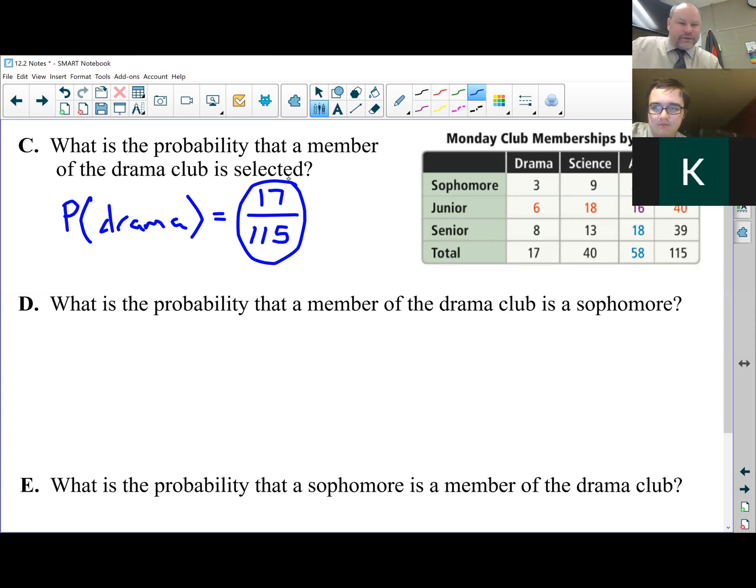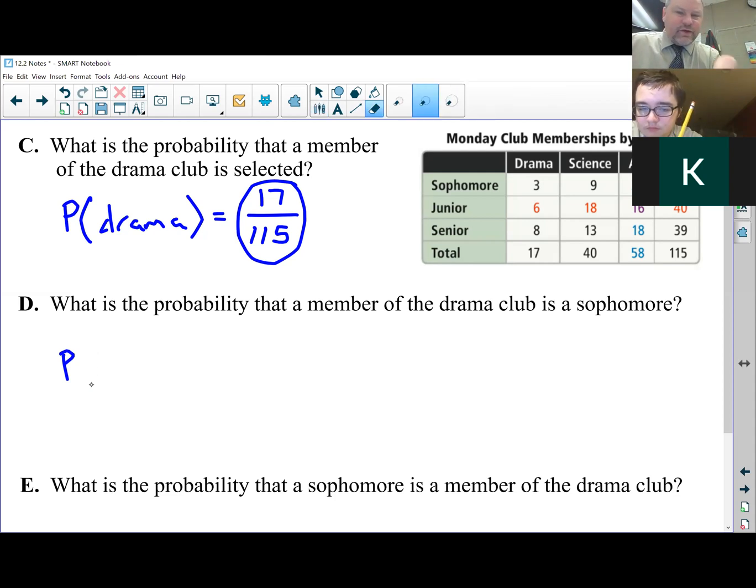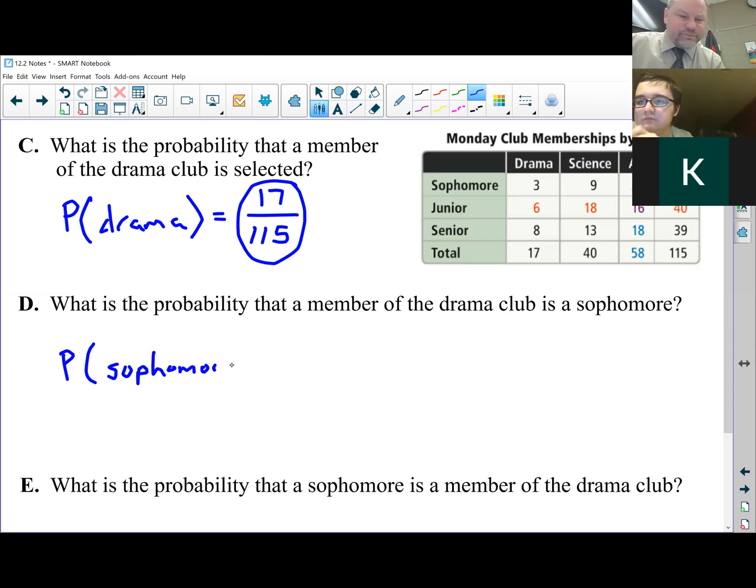All right, letter D, what is the probability that a member of the drama club is a sophomore? Now we have a conditional probability. So we want the probability that we have a sophomore given they're in the drama club.